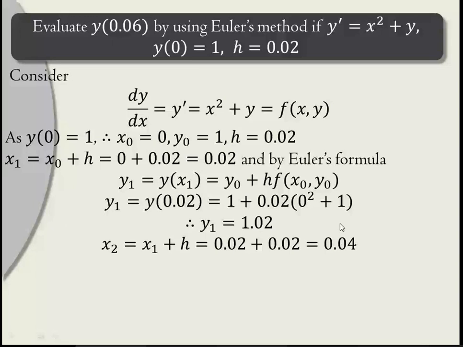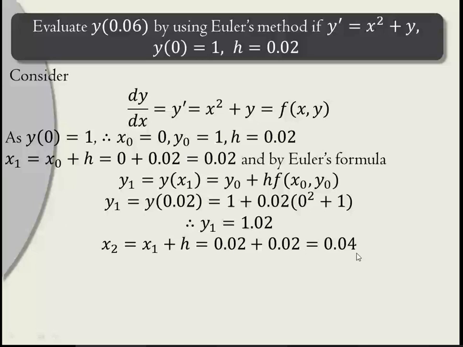So we have to continue until we reach this point, 0.06. Now take x2 as x1 plus h or x naught plus 2h. Anything you can do, that will be one and the same. It is 0.04. Use this x2.